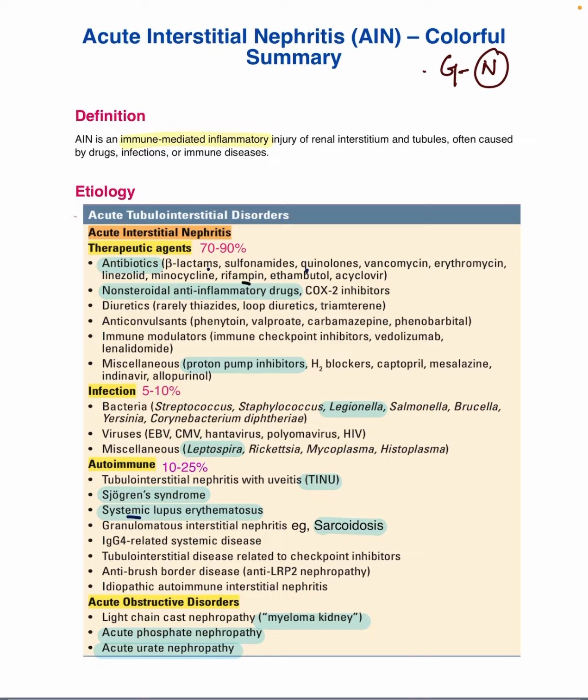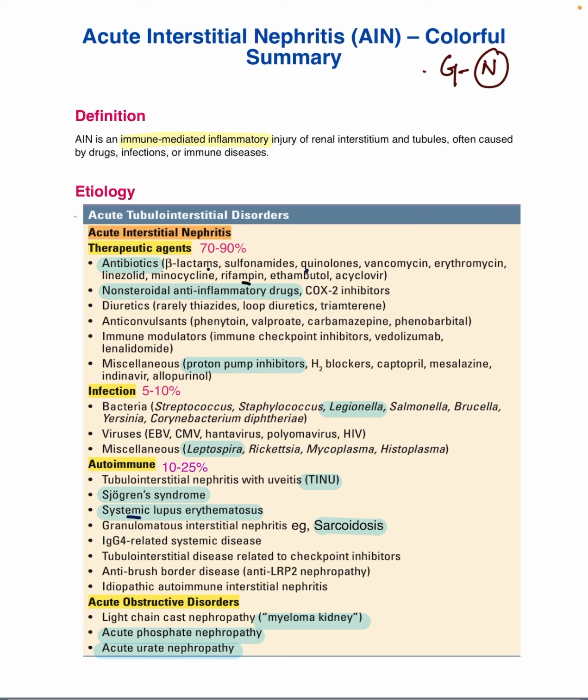Etiology. Causes can be divided into three broad groups. Number one, therapeutic agents, that is, drug-induced. The most common drugs are antibiotics, NSAIDs, and proton pump inhibitors. Among antibiotics, the beta-lactam group, that is penicillin, cephalosporin, and quinolones, are common.